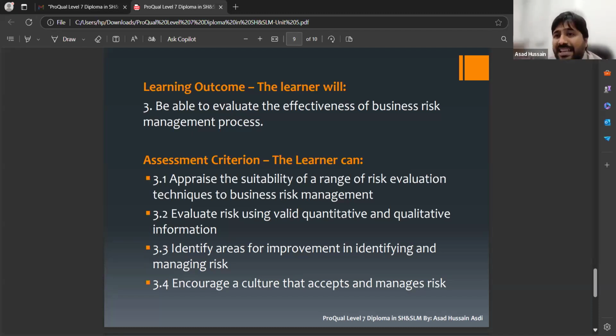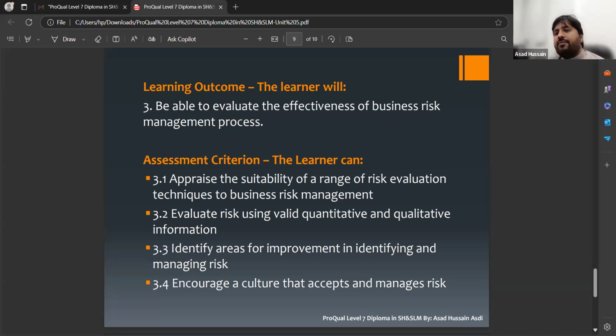You definitely have some evaluation techniques to evaluate with. So it is discussing that you should explain that the risk evaluation techniques you are using are suitable for that specific business risk management system. It is not that you have a specific business risk management system and your evaluation techniques are not suitable or not relevant to that. So suitability is a point there.